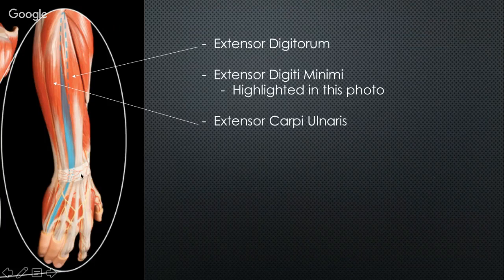So the pointer finger, the middle finger, and the ring finger, those tendons all come back and attach to this extensor digitorum, or extending the digits. So extensor digiti minimi is what's highlighted in this photo. See, it goes down to the pinky finger right there. And extensor carpi ulnaris, which is closer to the ulna on the other side.